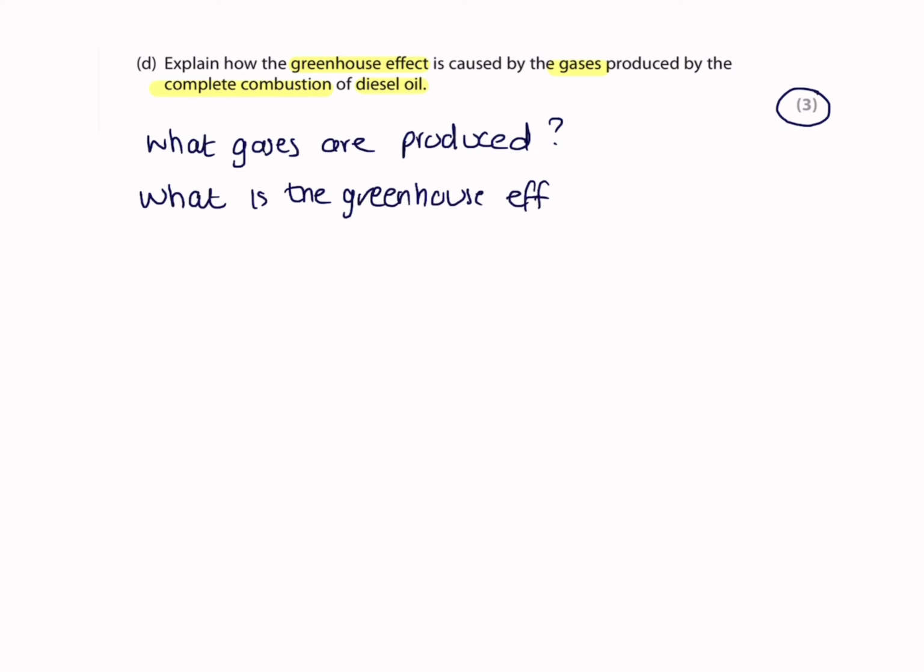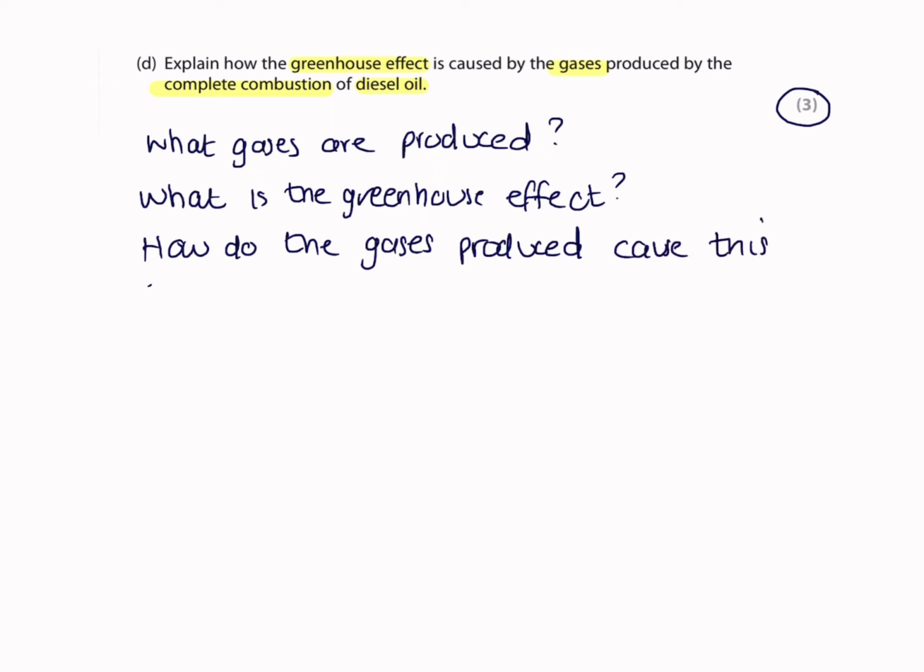So we're going to have what gases are produced. We're then going to need to talk about what actually is the greenhouse effect, and then the last thing we need to talk about is how do these gases produced in the complete combustion of diesel oil link to the greenhouse effect? How do they cause it? So 2 sort of what's and then a link to provide our how and why for our explanation.